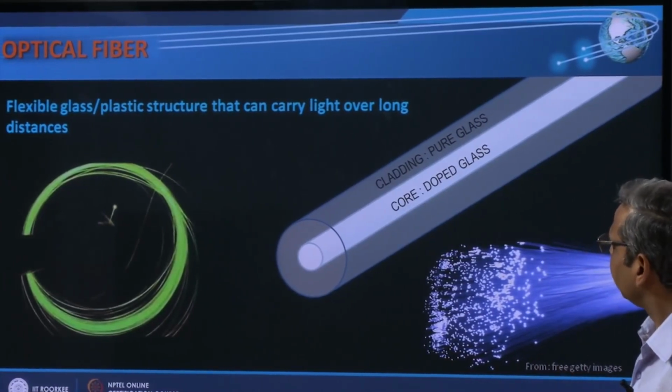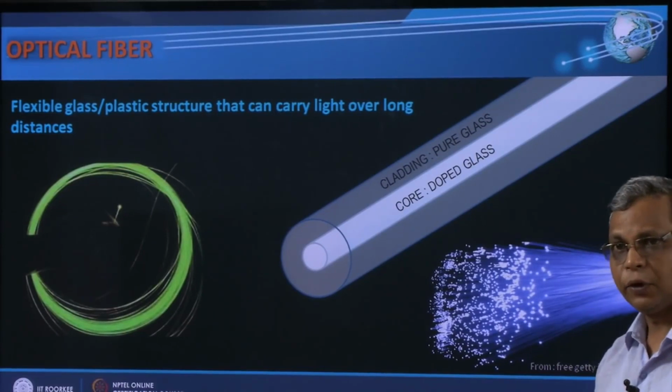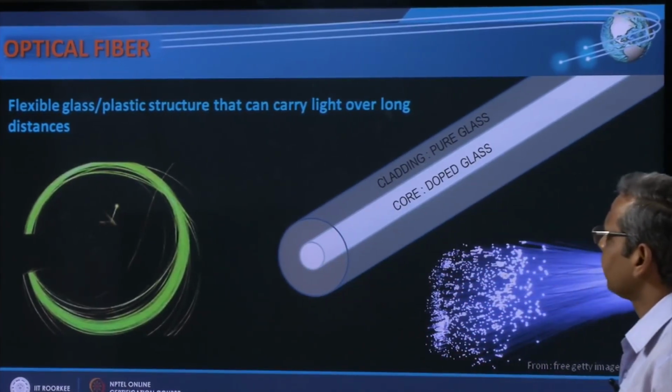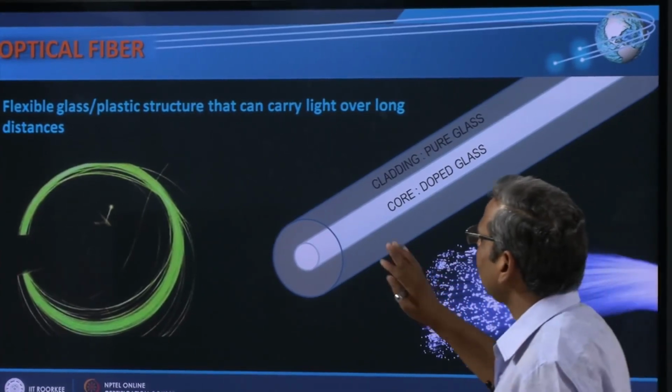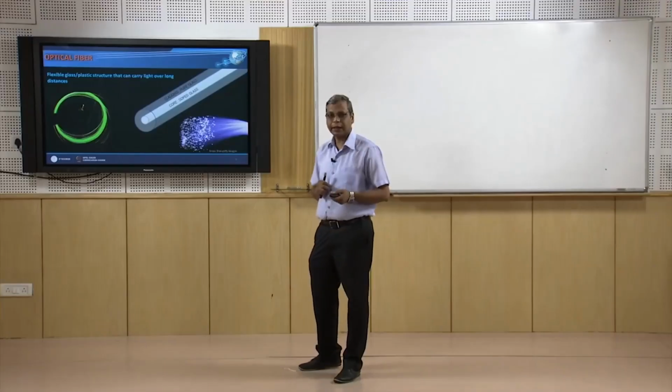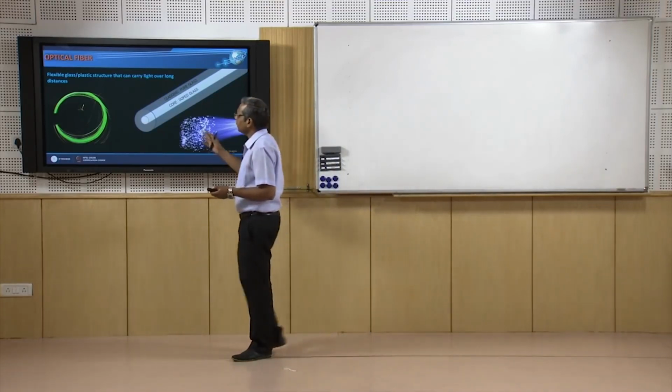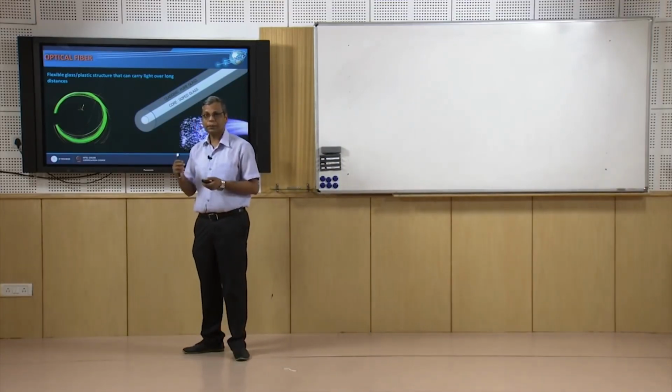This material can be, for example, pure glass, and this region is called cladding. This forms a flexible structure which can carry light over very long distances, and the material can be glass or plastic.